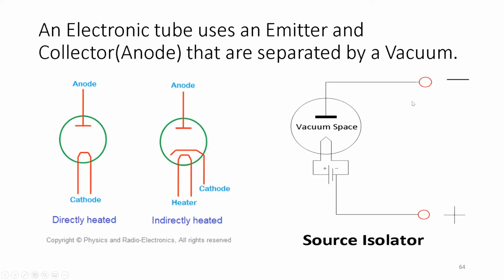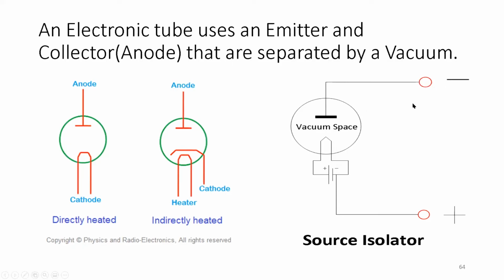So if we wanted to isolate our source impedance from our current elements, we're just going to use a tube, and we're going to power it by battery, of course, because we can't use a power supply or any connection to ground. I put plus here, but that's where you hook the negative lead of your power source. Then the negative charge will move up here, boil off to the collector, and then go to your load.